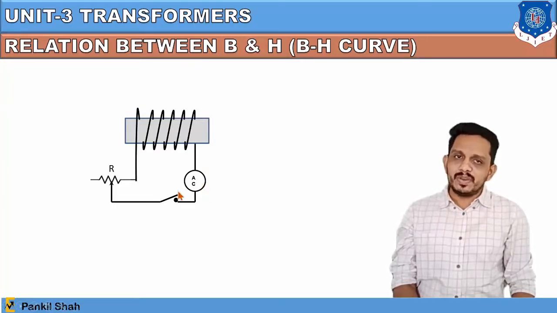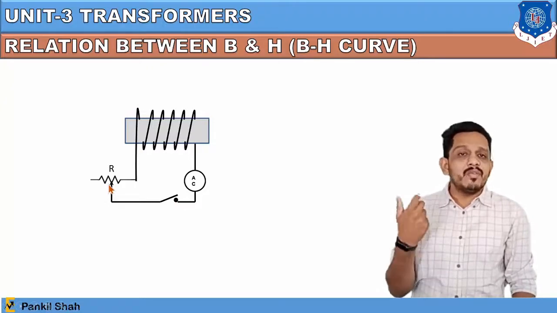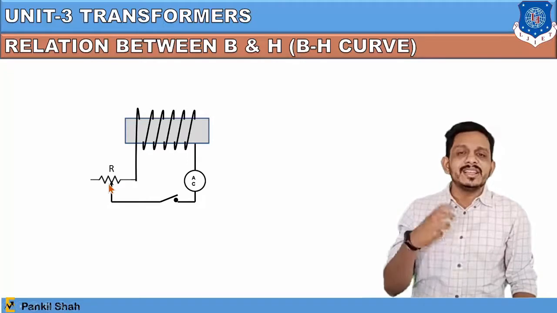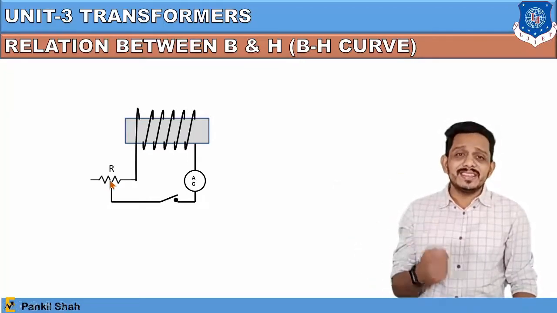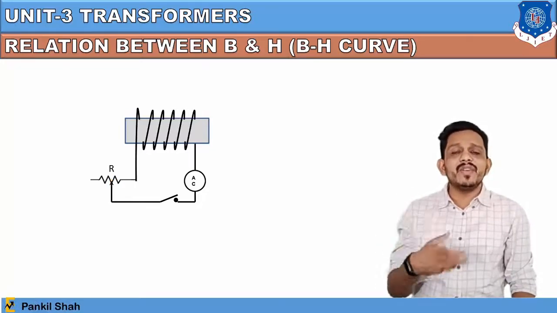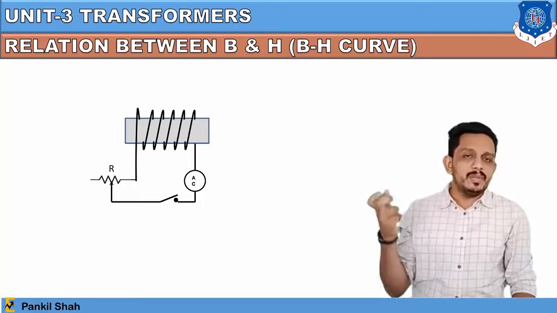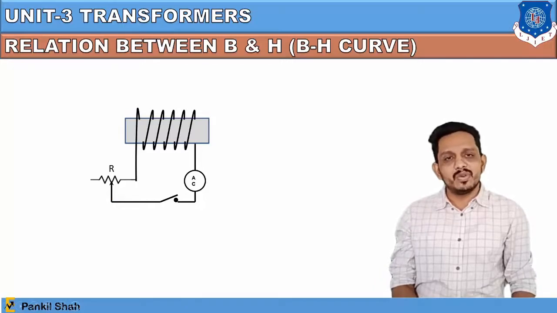There is one switch and there is one resistance. The resistance is a variable resistance which is used to increase or decrease the current flowing through this winding. Because if we increase the current flowing through this coil or solenoid, then the magnetic flux produced will be more. If we decrease the current, then the flux produced will decrease. That's why we have connected one variable resistor in this diagram.